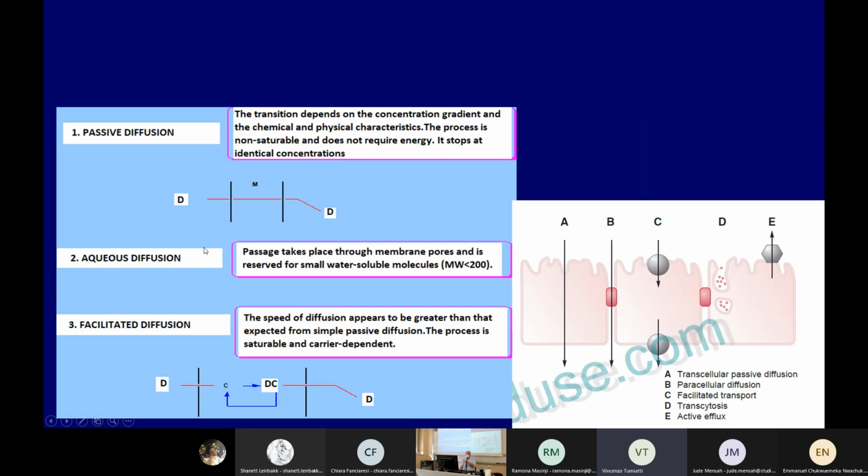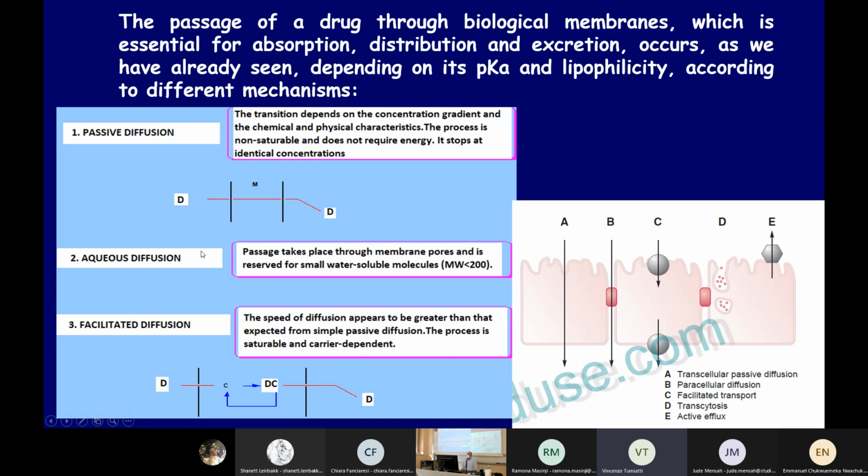Here you can see the different ways how a molecule can reach the inner part of the cells. On your right, you can see different transport systems. Important, yes. A lot, yes.